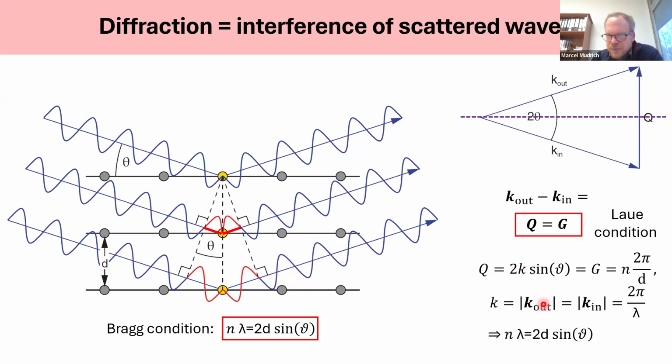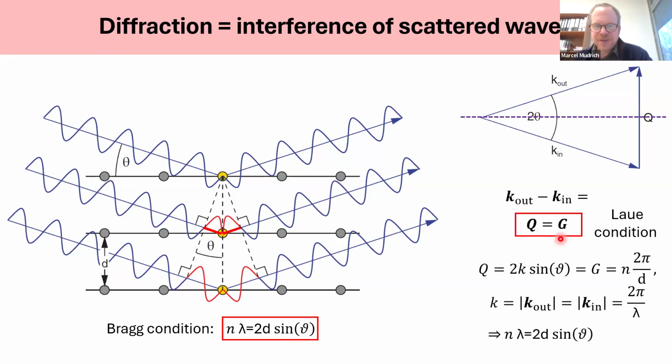And then, knowing that it's about elastic scattering, so the lengths of the in and out k vectors are equal, and by definition the k vector is 2 pi over lambda, we can set k as given in this equation from our triangle construction. Then by combining these two equations, we find exactly the same condition, which is the Bragg condition.